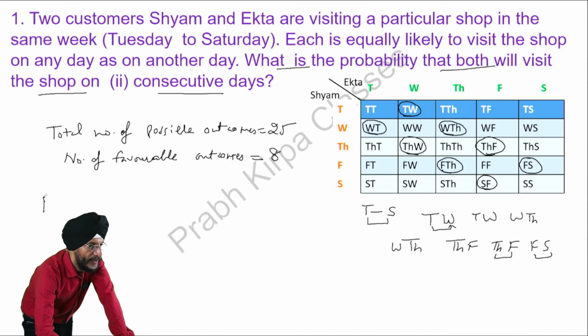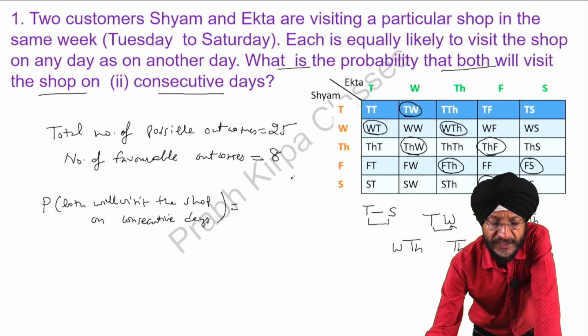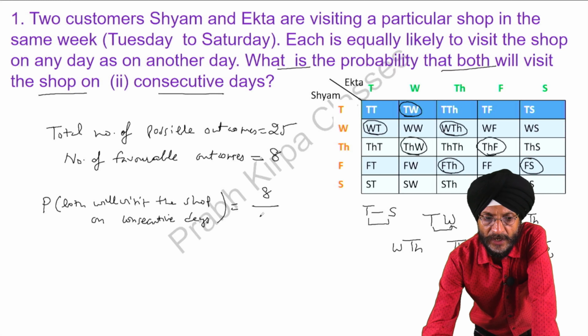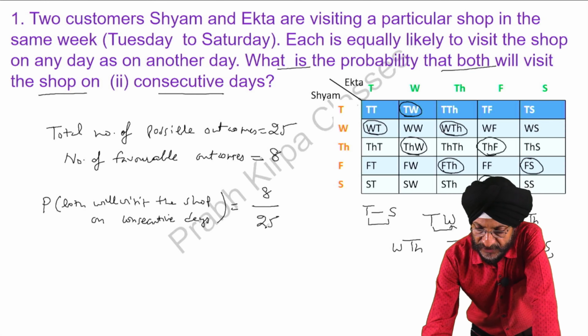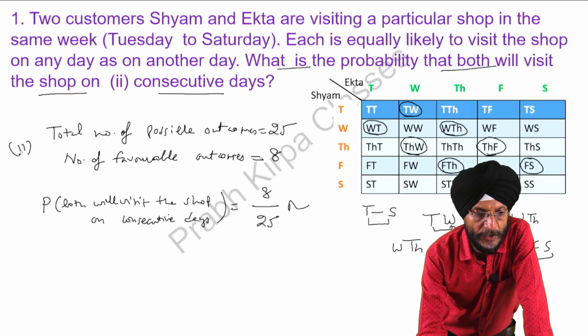So the probability that both will visit the shop on consecutive days is equal to the number of favorable outcomes divided by the total number of possible outcomes. This is 8/25. This is the answer of the second part of the question.